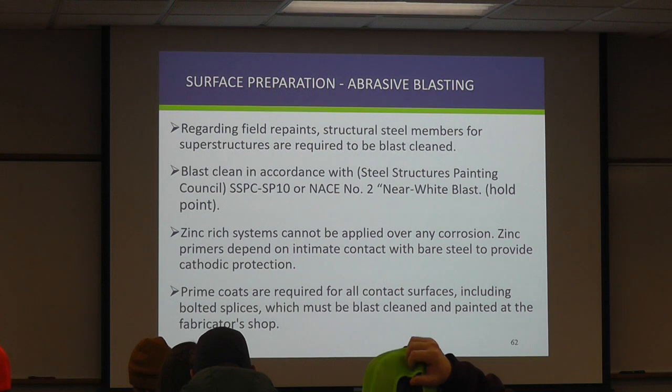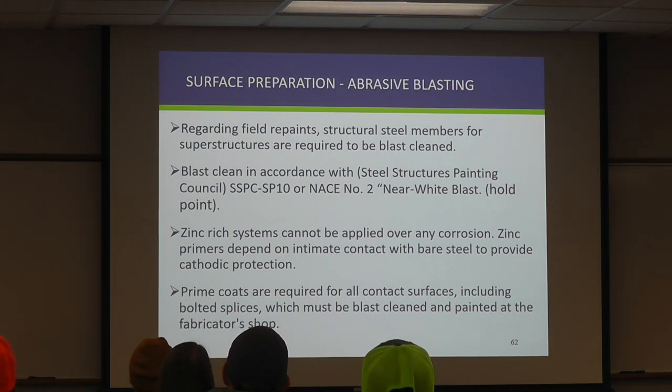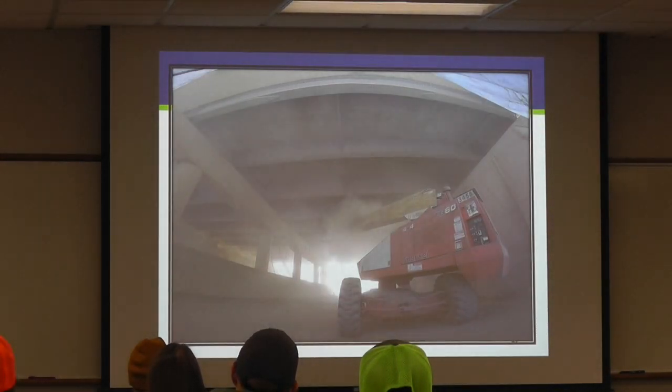It doesn't have to be 100% solid white. Zinc rich systems cannot be applied over visually existing corrosion. They will not bond. It won't happen. So it's another reason that we have to do blast cleaning.